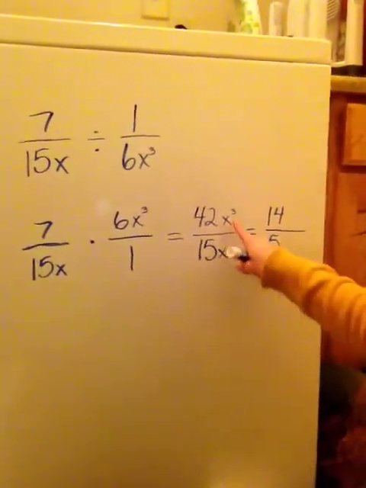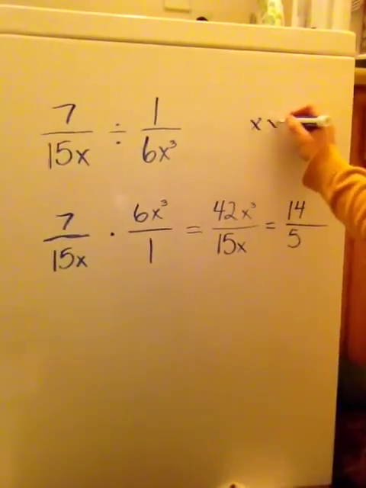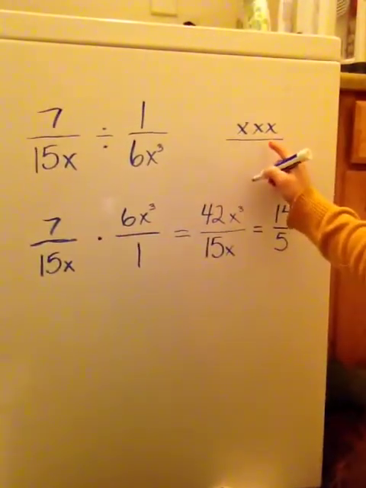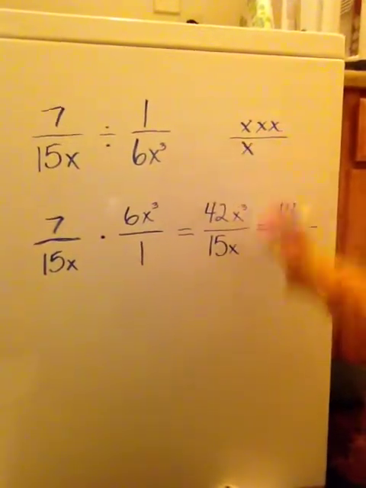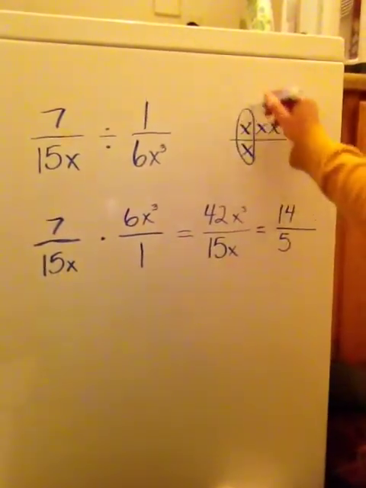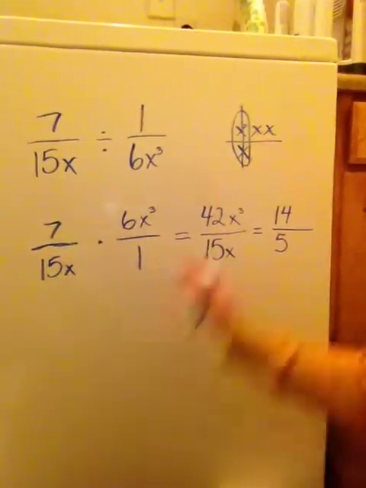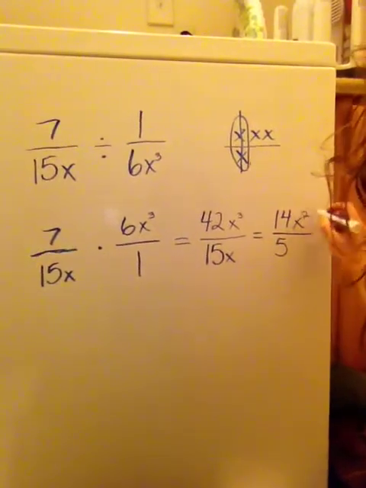And then with your x's, if I have 3 upstairs, remember it looks like x, x, x, they're timesing each other. And down below I have 1x. So these are going to make one whole, so they're gone. That leaves me with x times x upstairs, so I'm left with x squared.